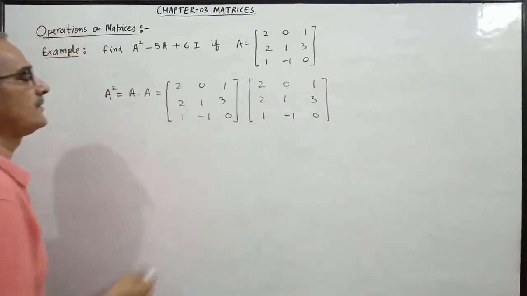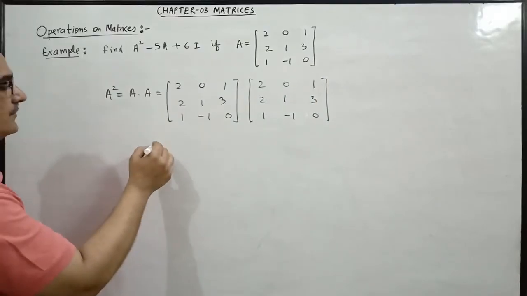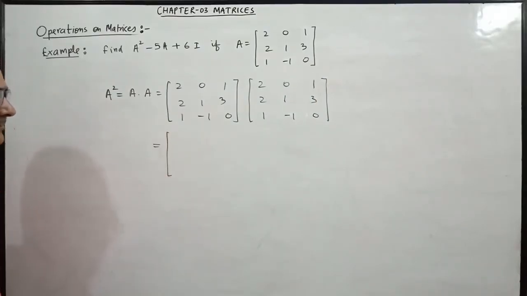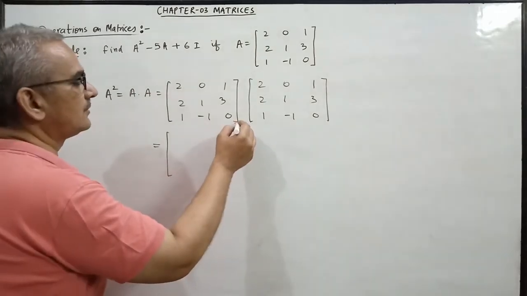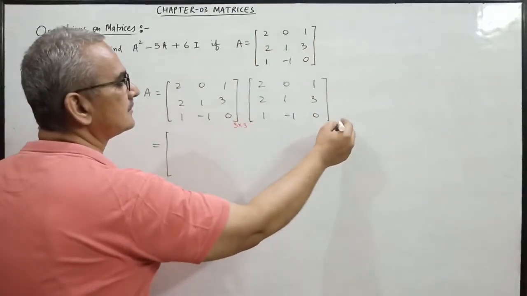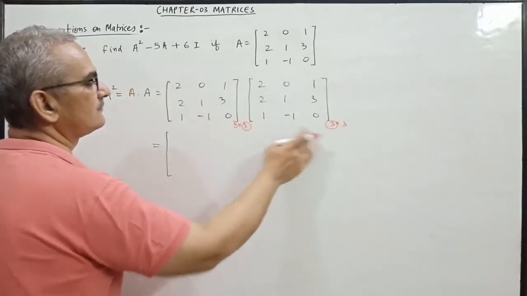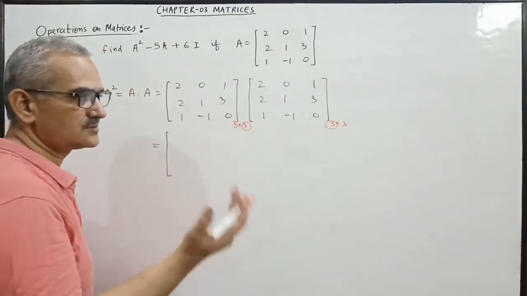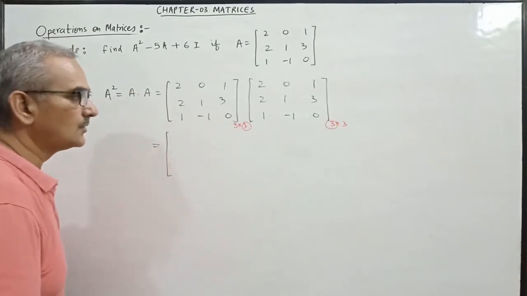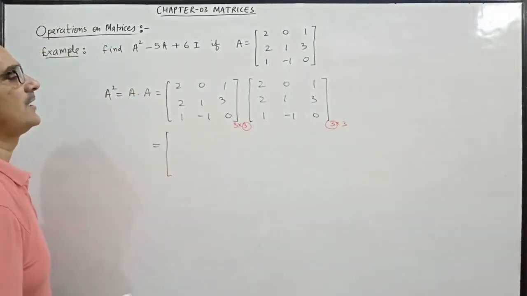Now we have to multiply these two matrices. What's the rule? The number of columns of the first should equal the number of rows of the second. Because both are square matrices of the same order, they are equal, so now we can multiply here.